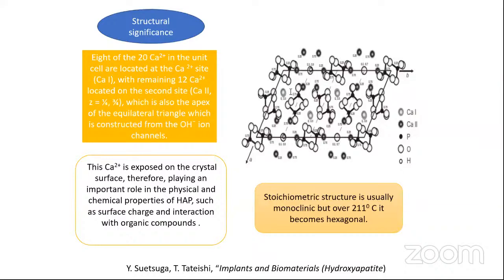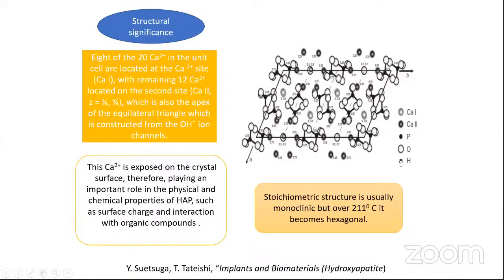So this is the equilateral triangle formed. These depict the calcium 1 ion, this depicts the calcium 2 ion, and this depicts only oxygen and hydrogen.